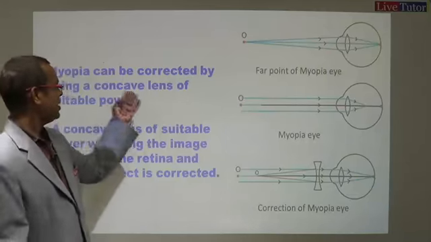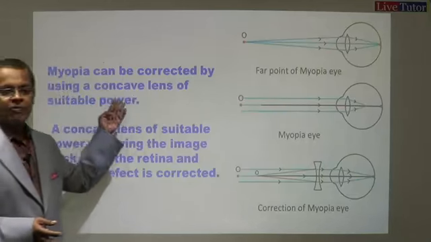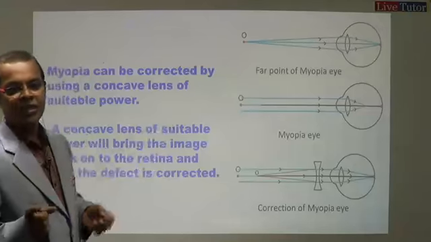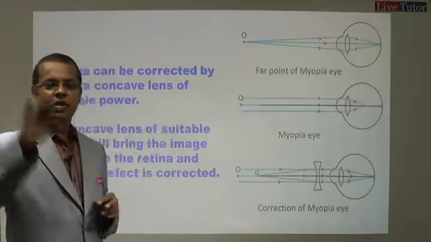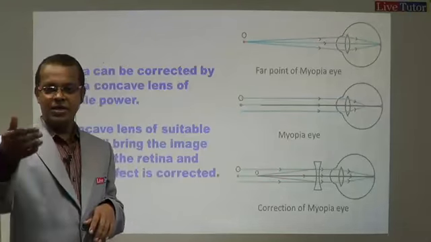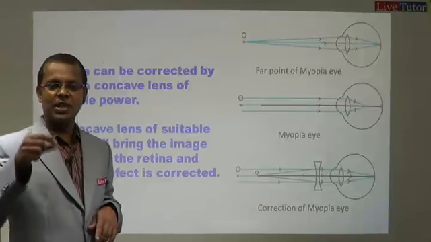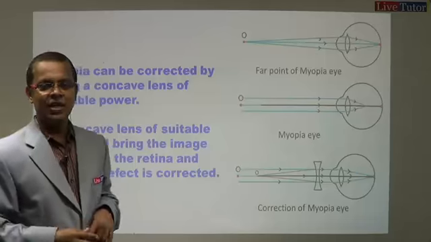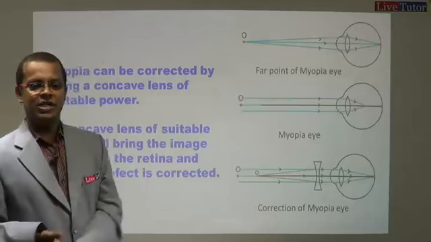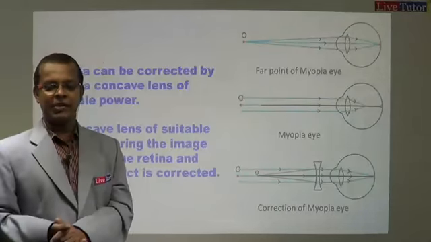As we have rightly pointed out, we are wearing a concave lens. A concave lens will make the image fall on the retina properly, because the image is formed a little bit before that. So I am wearing a concave lens suitably so that the image will be very clear and back on the retina. This is how we are correcting the defect.